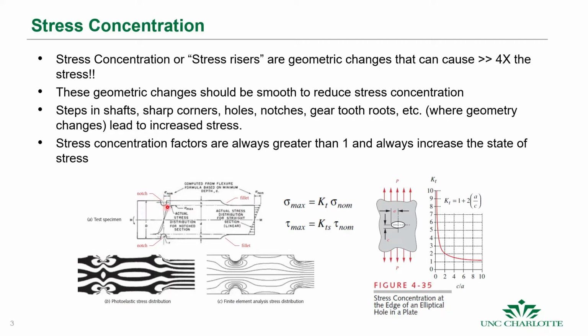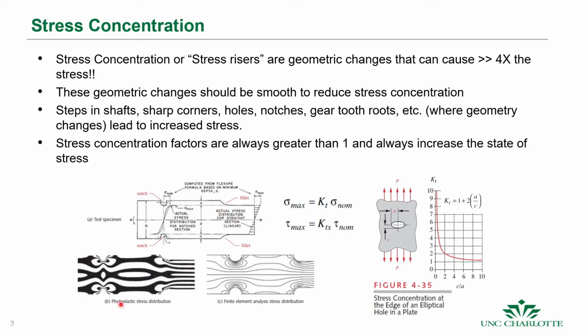Then although we know we will create a stress riser, it's often an engineering functional requirement, but we have to make sure that we understand the effect of putting these features in these materials and the resulting stress that occurs. So anytime you have these sharp changes in cross-sectional geometry, you have these stress risers.